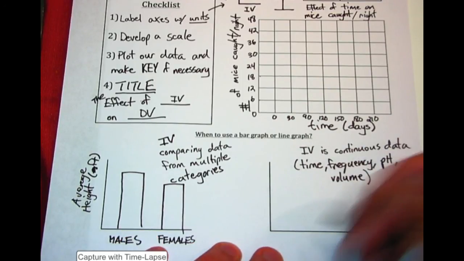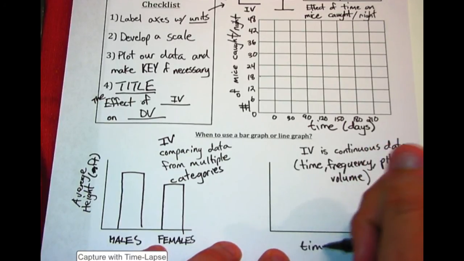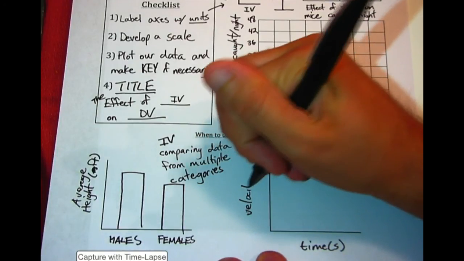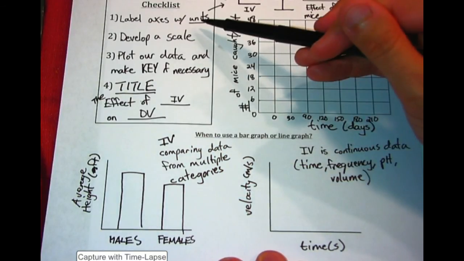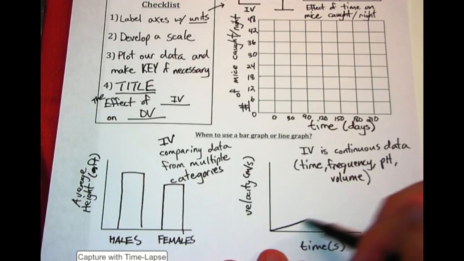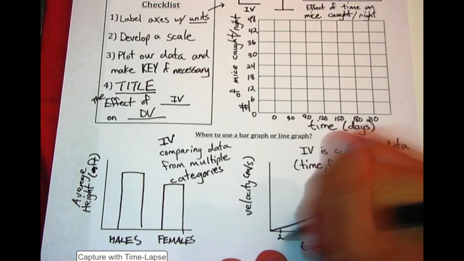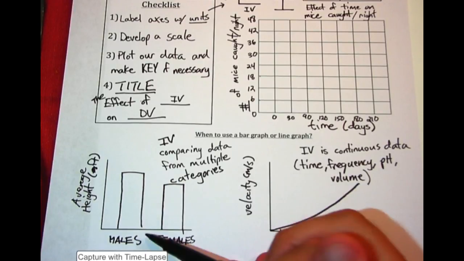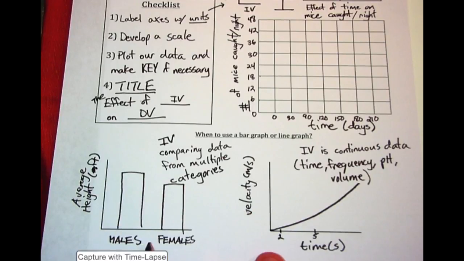And so let's say this graph is time, seconds, and our dependent variable is going to be velocity, meters per second. Notice that on these graphs, when I label my axes, I'm including my units. We might have something like this. Even if we only took a data point at, let's say, time 2 and time 5, we know that we could have measurements in between here, where for the bar graph, we really can't have anything continuous at this point here.